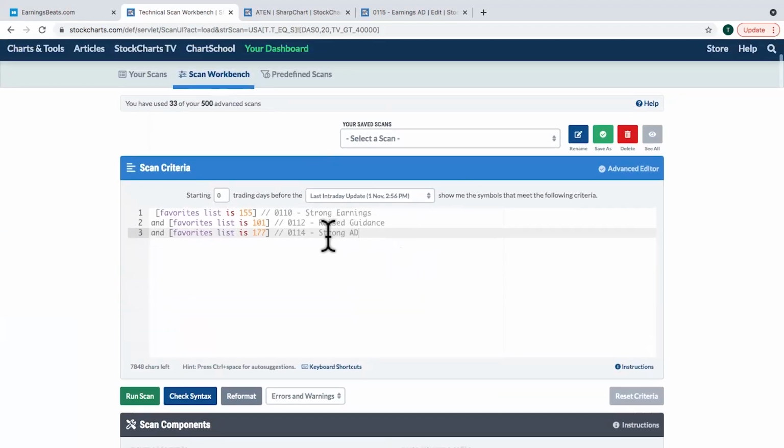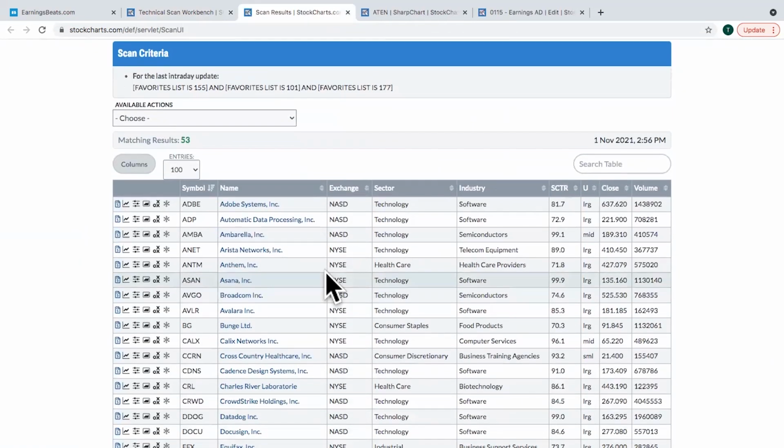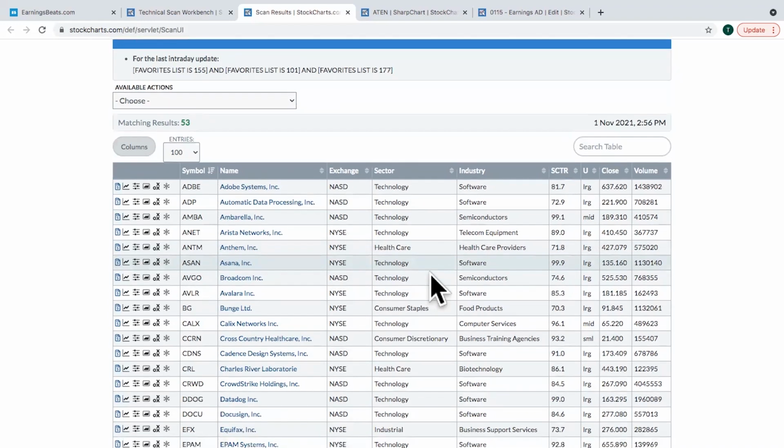And then when you run the scan, it's going to find any stock that is on all three of these chart lists. So we're going to run the scan and we got 53 companies. These 53 companies we know now have beaten Wall Street's estimates in their last quarter, have raised their guidance, and also have a strong AD line, signaling the potential for strong accumulation.